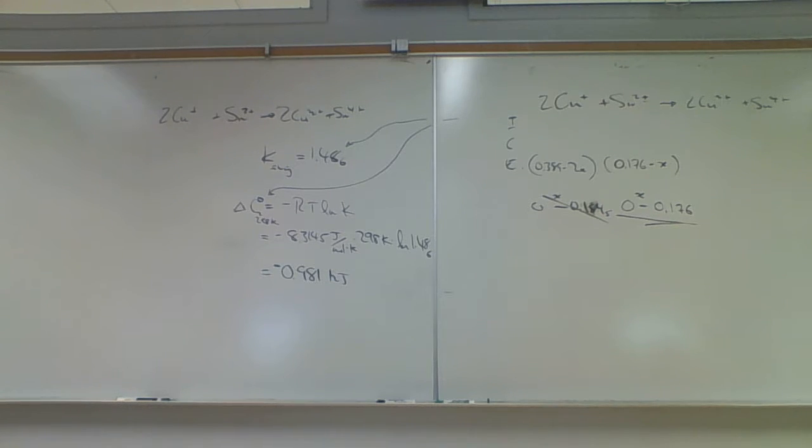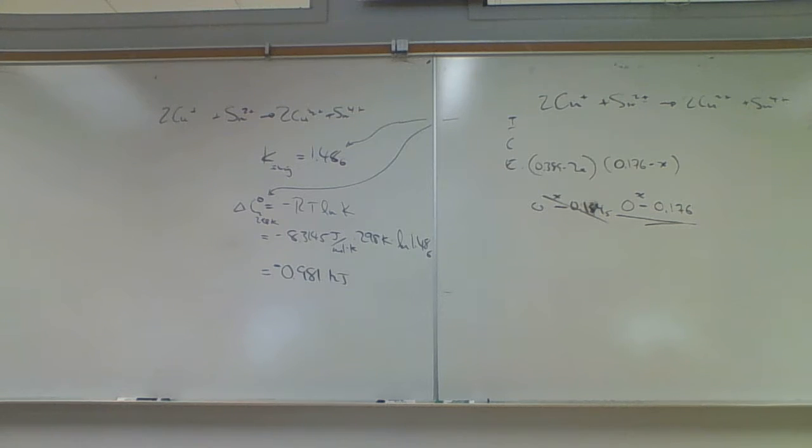I'll do this one first. 2 times 0.1 is 0.2. So we'll have 0.389 minus 0.2, and then square that. Times 0.176 minus 0.1, which is 0.076.